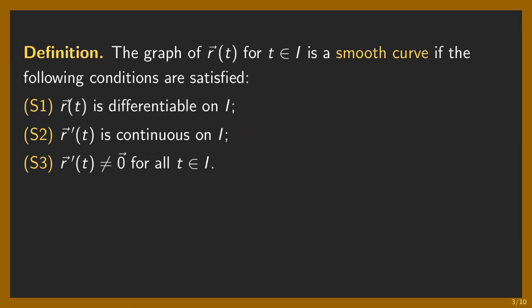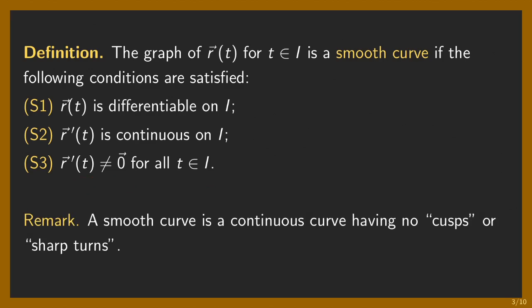Second, the derivative must be continuous as a function on I, and this derivative never vanishes in the interval I, or the derivative cannot get a value of 0. A smooth curve is simply a continuous curve having no cusps or sharp turns.